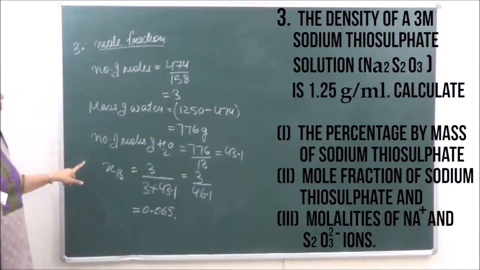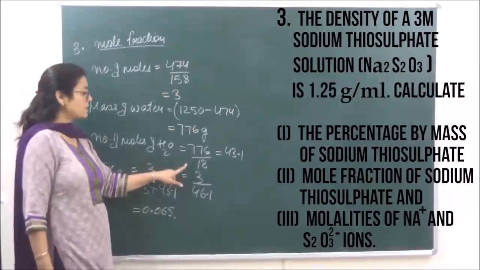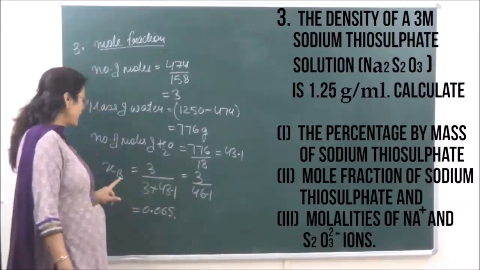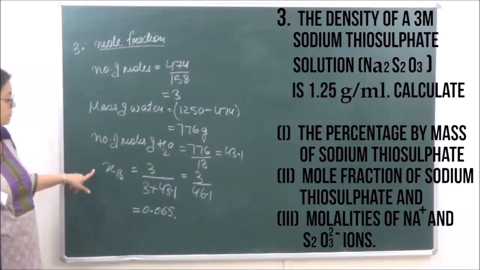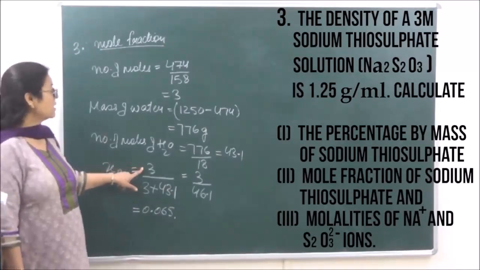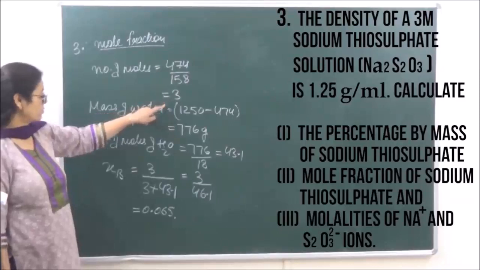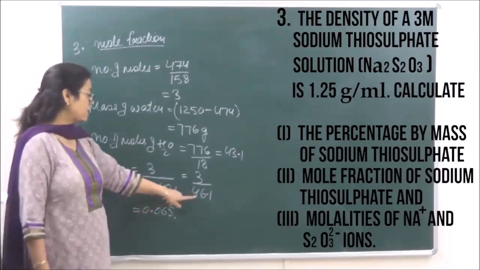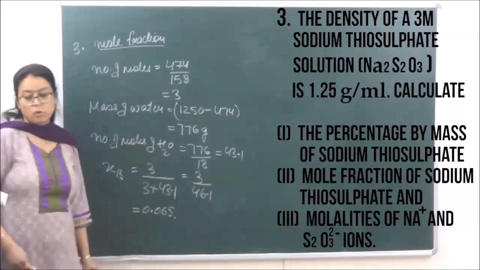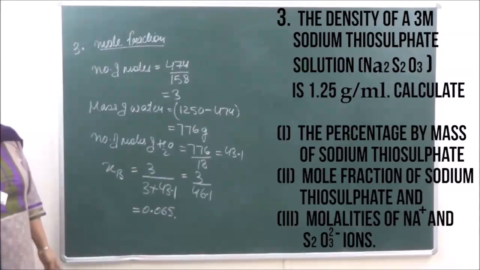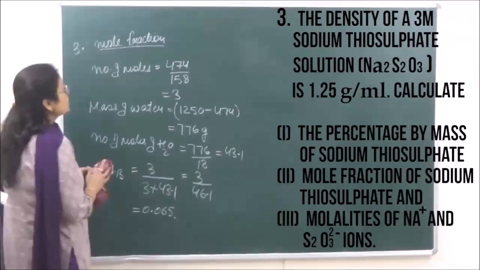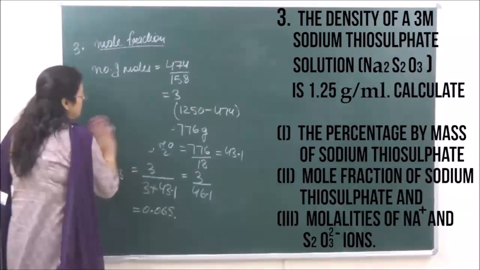The number of moles of water comes as 776 divided by 18, that is 43.1. To calculate the mole fraction of sodium thiosulfate, we take the number of moles of sodium thiosulfate divided by total number of moles, that is 46.1. So the mole fraction is coming to 0.065. Then let's go on to the third part of the question.